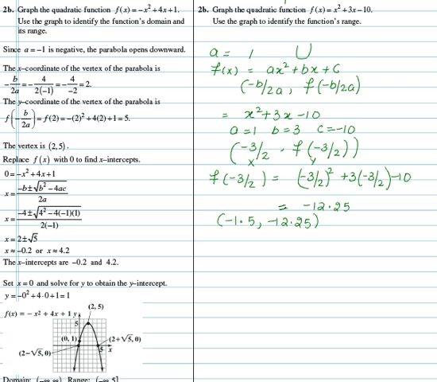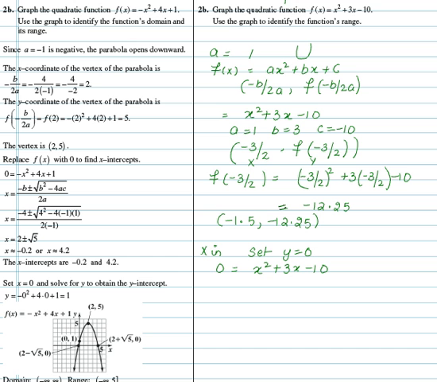And the next step is to find the x-intercepts. How do I find the x-intercept? I set y equal to 0. So 0 = x² + 3x - 10. I'm going to go ahead and see if I can factor this.